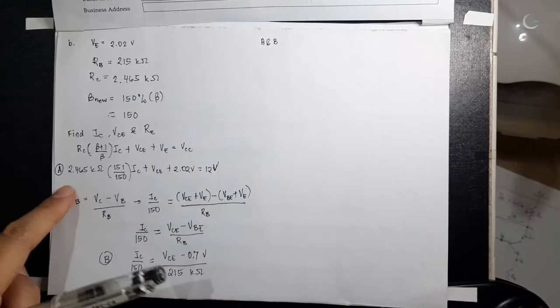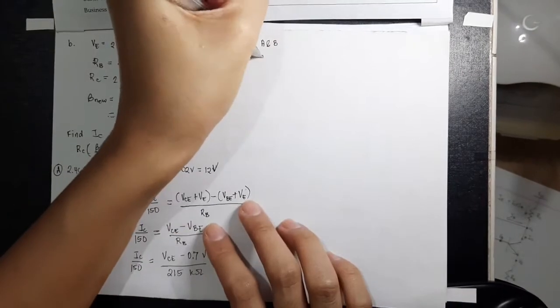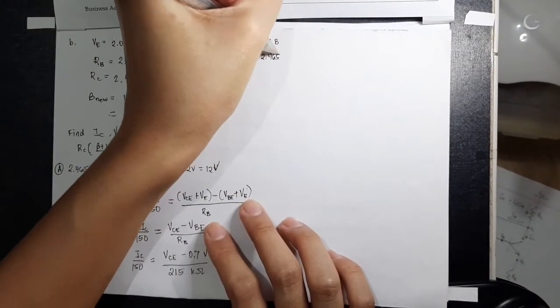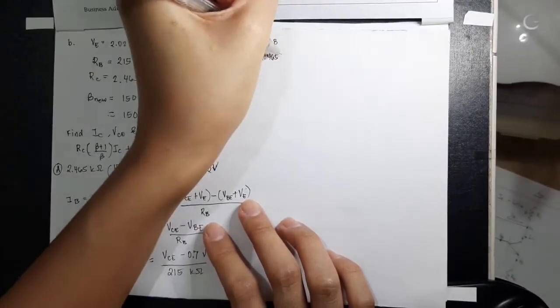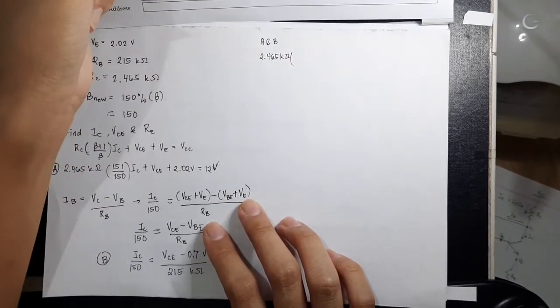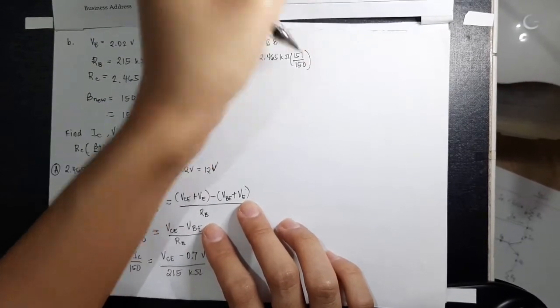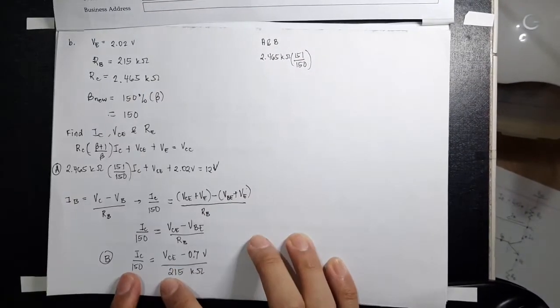So here, 2.465 kilo ohms times 151 over 150. Yung IC na expression, we can get it from here.